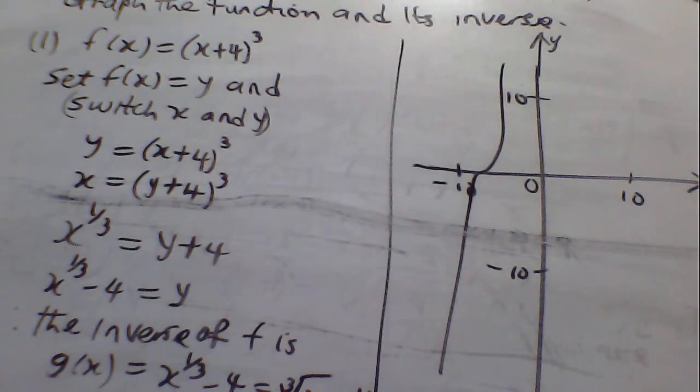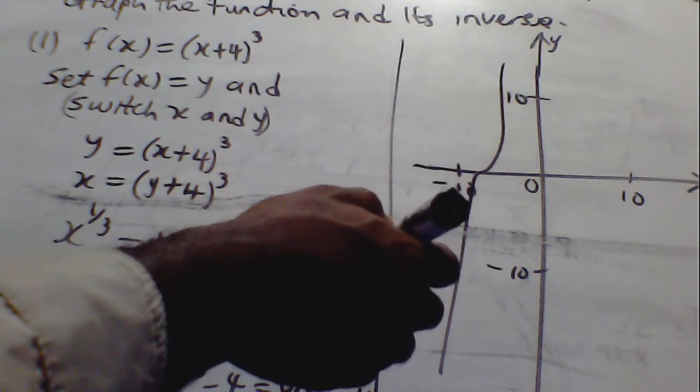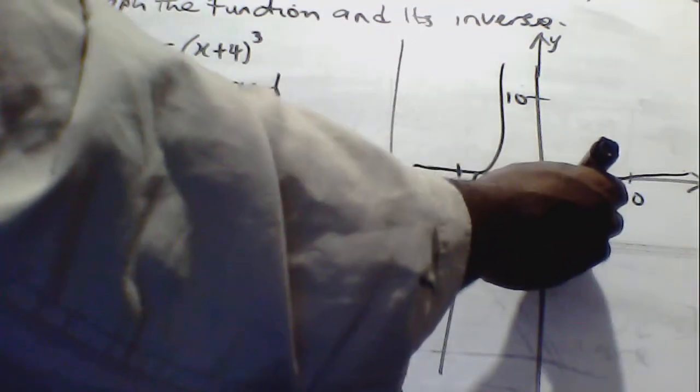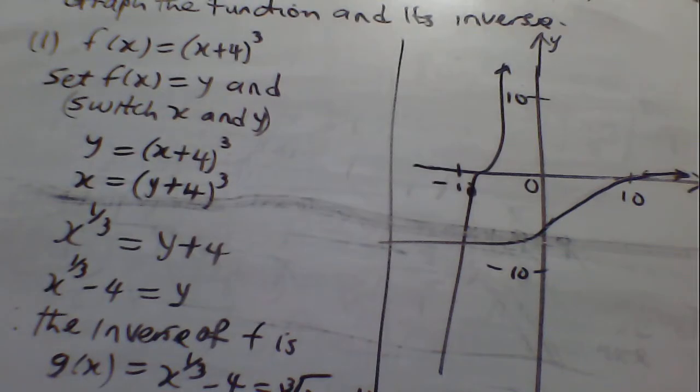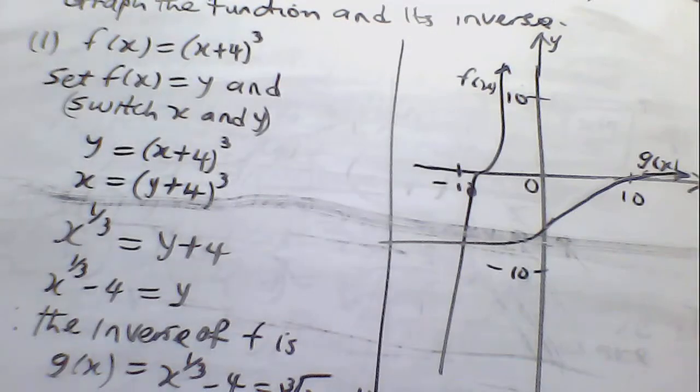See that? You do the second one. So this is how it goes. This is how the graph is going to look. This is f of x and this is g of x, inverse of each other.